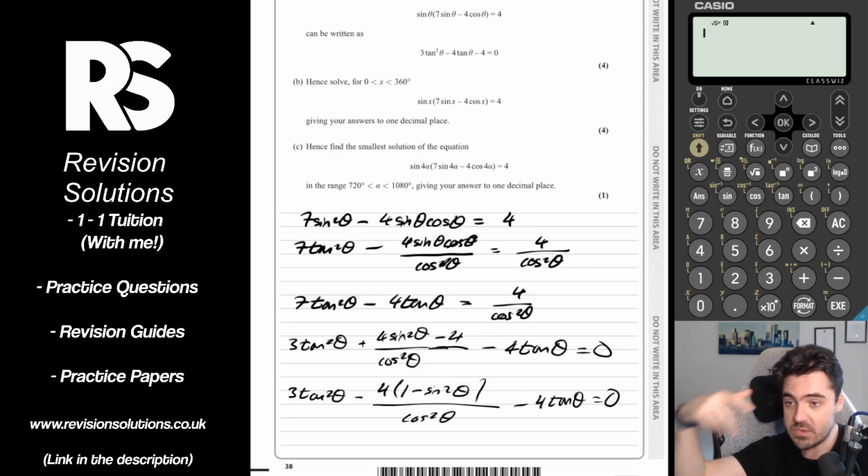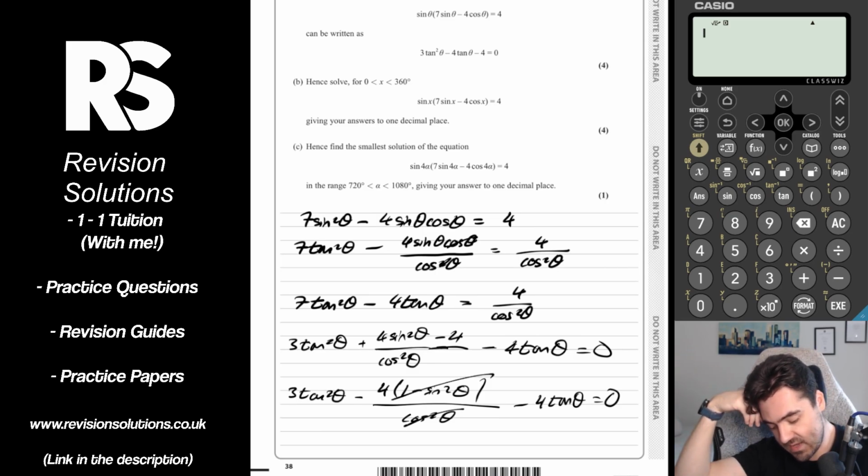And that's nice because we should know, well, cos squared plus sine squared is 1. So 1 minus sine squared theta is just a cos squared. So these guys just cancel. That's a bit of a strange one to deal with in first year. But that is how you do it. We'd have 3 tan squared theta minus 4 tan theta minus 4 equals 0.